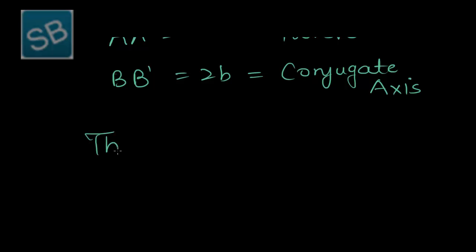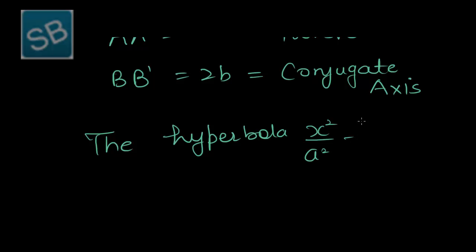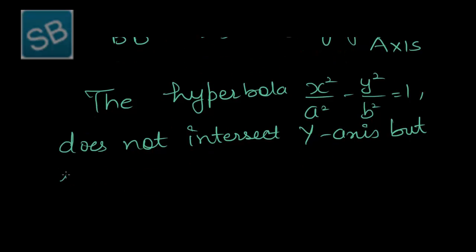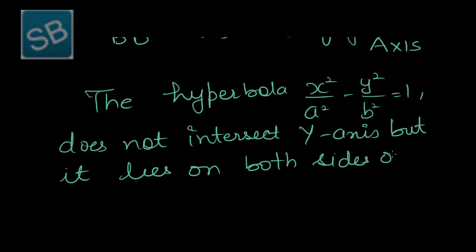The hyperbola x square over a square minus y square over b square is equal to 1 does not intersect y-axis, but it lies on both sides of y-axis.